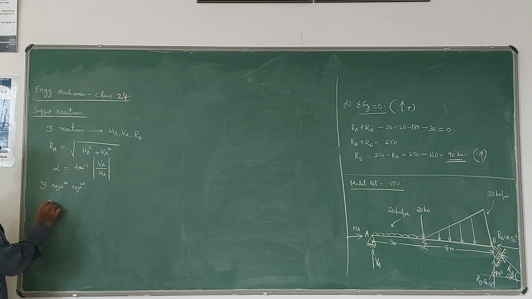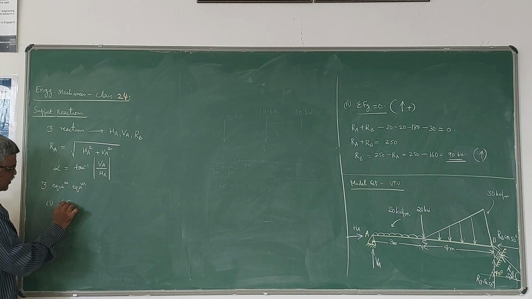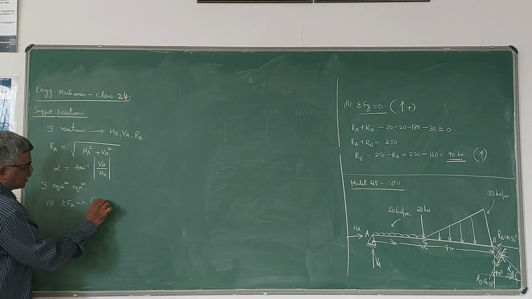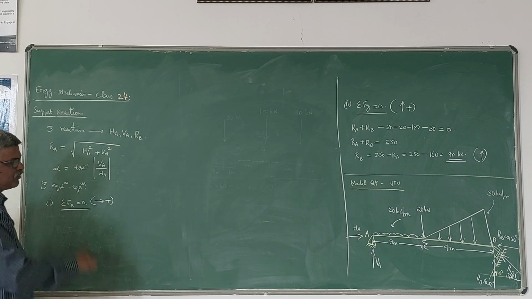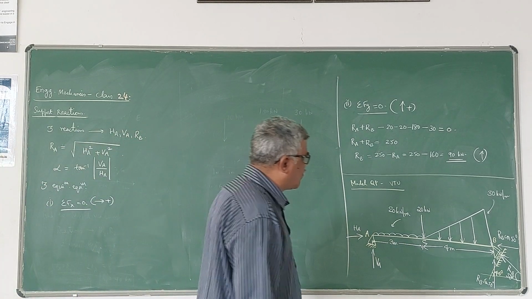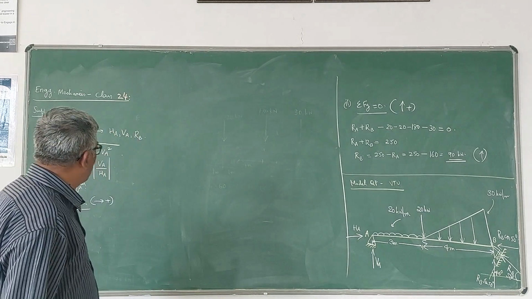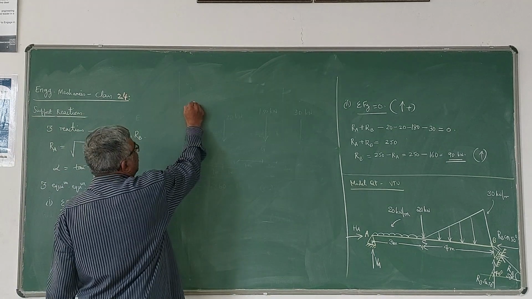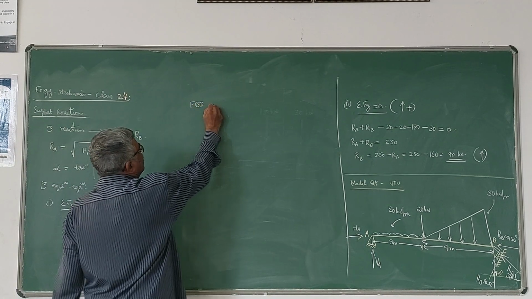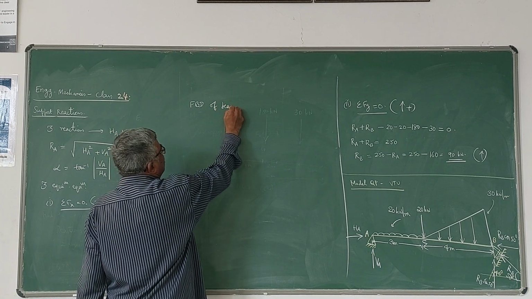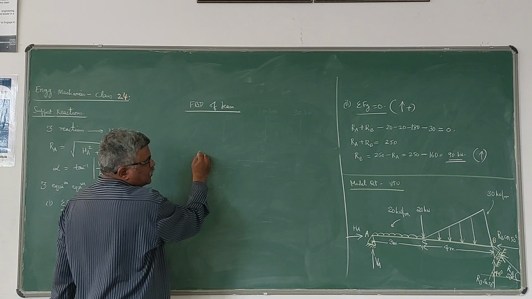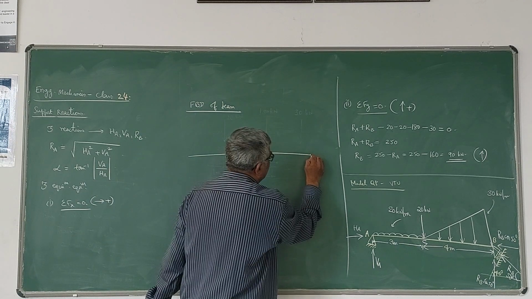So the first equation I am going to use is sigma Fx equal to 0, forces acting towards right positive, left negative. Anyway, let me first draw the free body diagram of the beam. So AB is the beam.